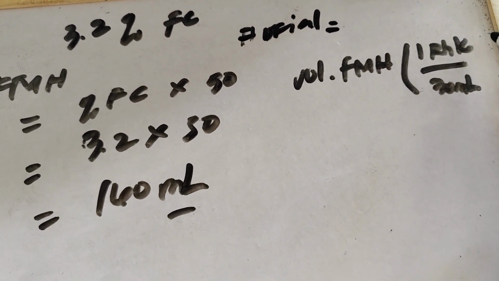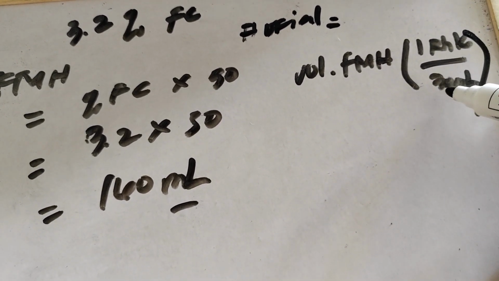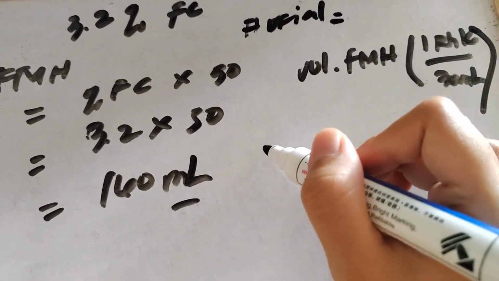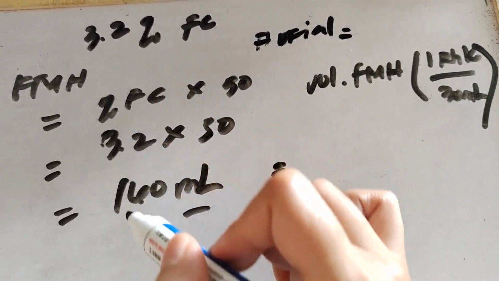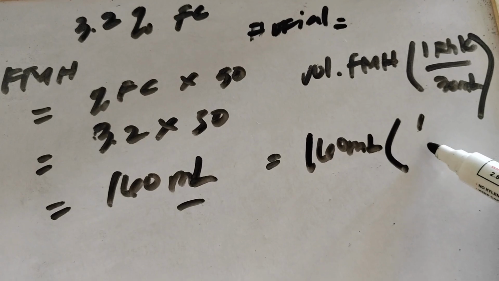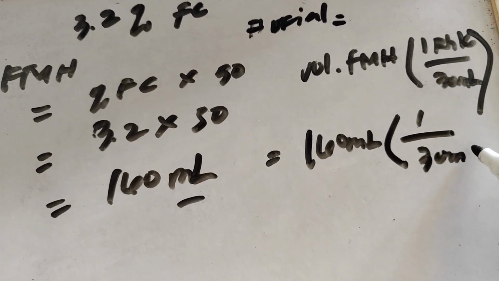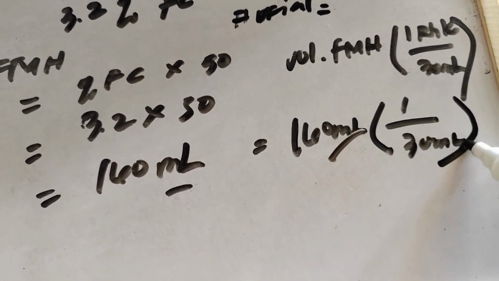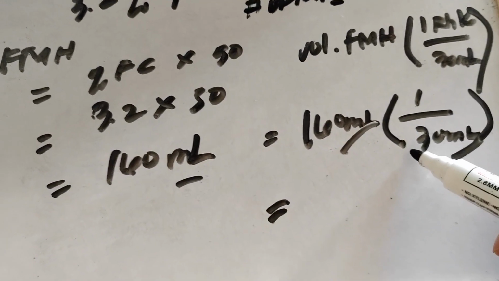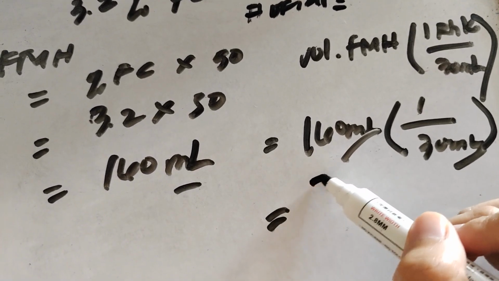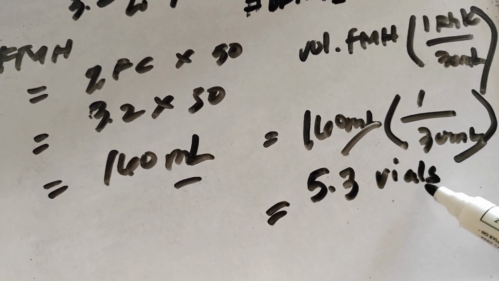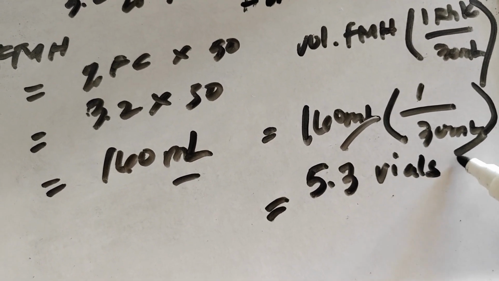Okay? So, 1 vial is good for 30 ml na hemorrhage. So, to know the number of vials, we know na 160 yung FMH niya. So, 160 ml times 1 divided by 30 ml. Cancel this one out, cancel this one out. 160 divided by 30, that's gonna give you 5.3 vials of RHIG.